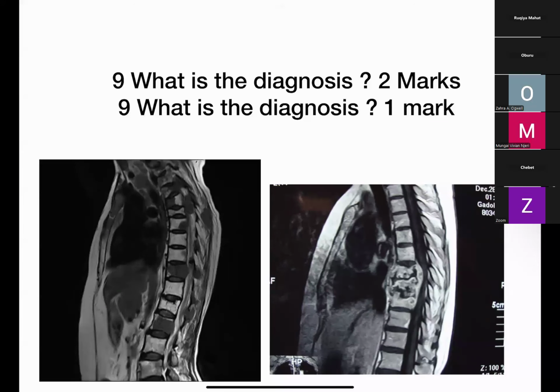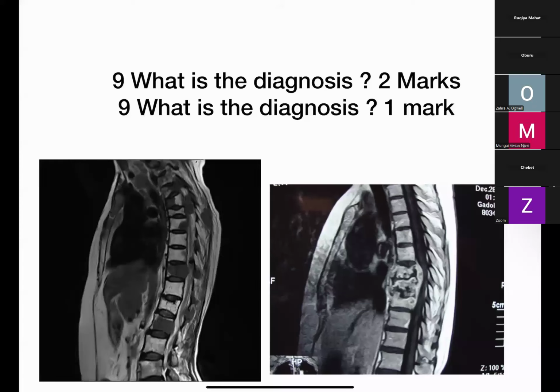So what's the diagnosis in A and in B? In A, you can clearly see that there are a number of lesions here. There's a lesion here, there's a lesion there, there's a lesion there, there's a lesion there. And B, there is a lesion here.